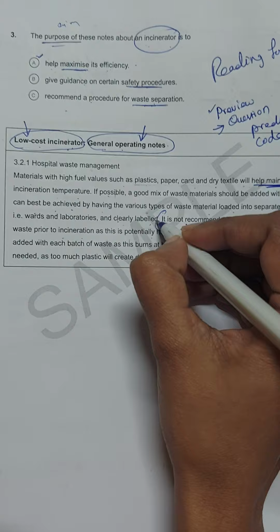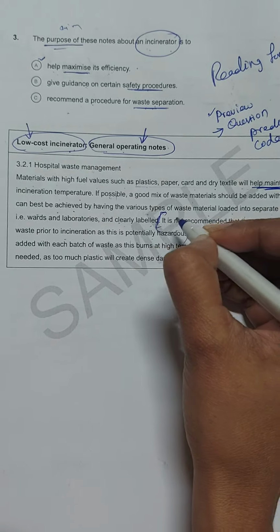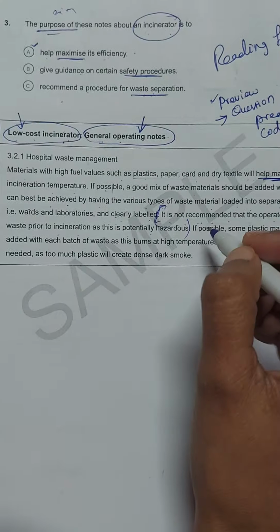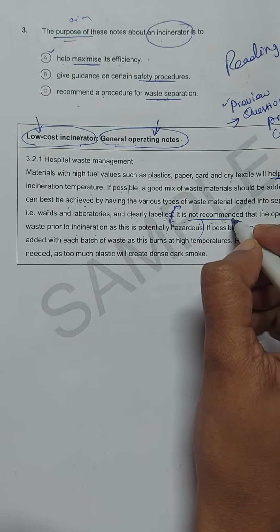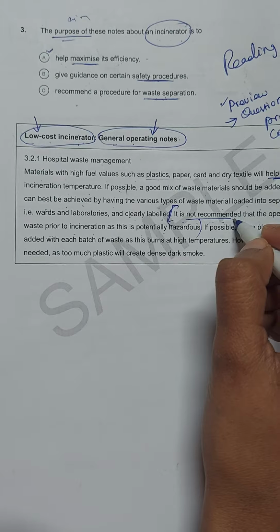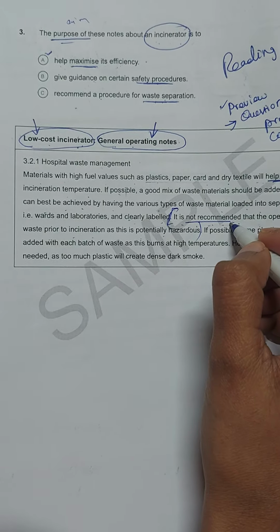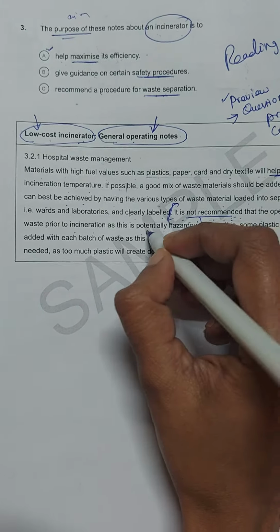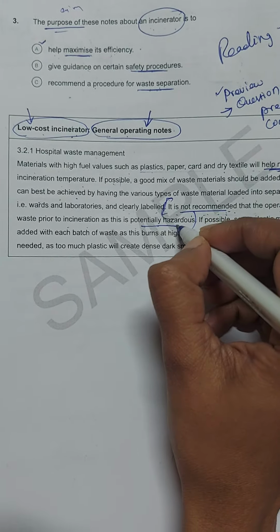When you label this, most of my students say that because of this line they went for option B. They already mentioned not recommended. So do you think it is a recommendation as a procedure, or giving guidance for a safety procedure, because of potentially hazardous?